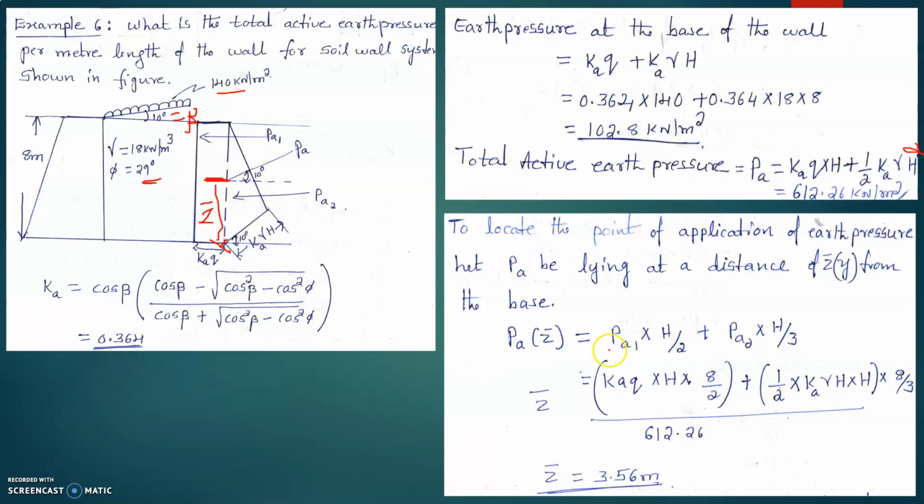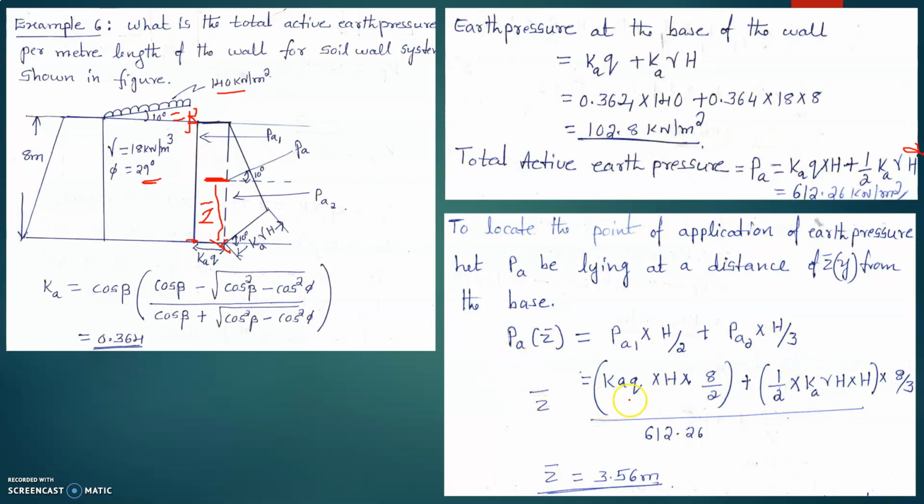PA into Z bar is equal to PA1 into the moment about this point. This is the rectangle, so the center lies at half of H, that is H by 2, plus PA2, this is a triangle, PA2 into 1/3 of H, that is H by 3. PA is the total active earth pressure.